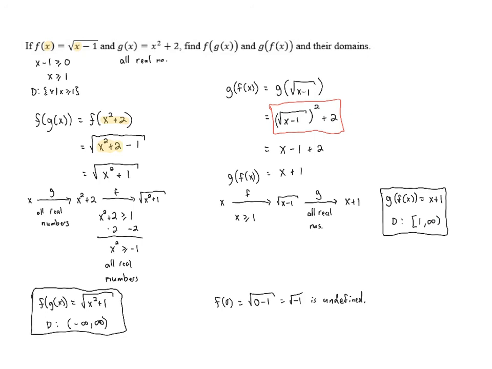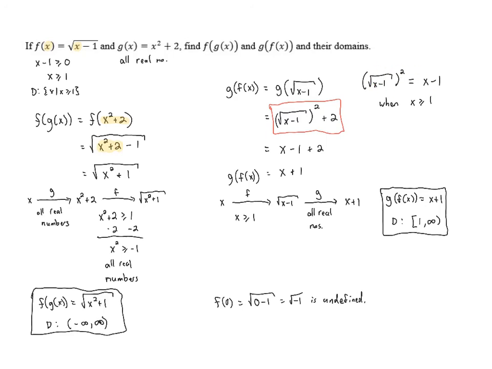So I'm going to write this out here. The square root of x minus 1, quantity squared, is only equal to x minus 1 when x is greater than or equal to 1, because otherwise this square root is undefined and the whole expression is undefined.